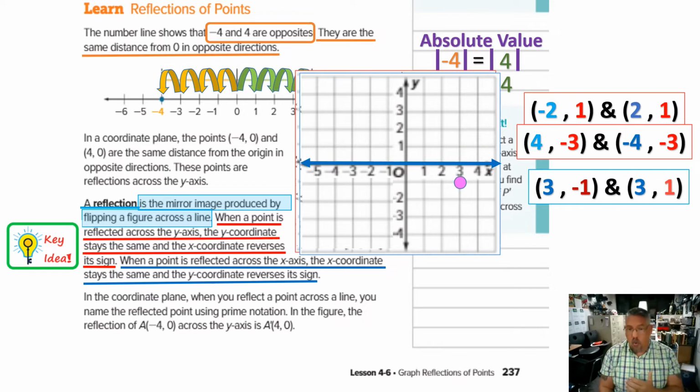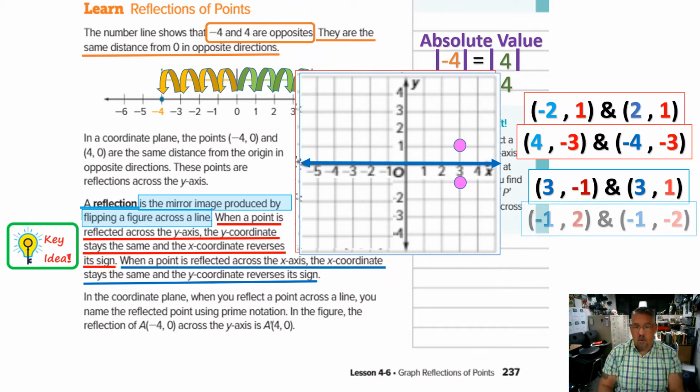So I'm going to go forward 3 and drop down 1 from my first point, but its reflection across the x-axis has to be 1 up instead. So I go over 3 and up 1. Once again, the x-coordinate is going to stay the same, but the y is just going to be its opposite. Instead of the -1, it's going to be the +1.